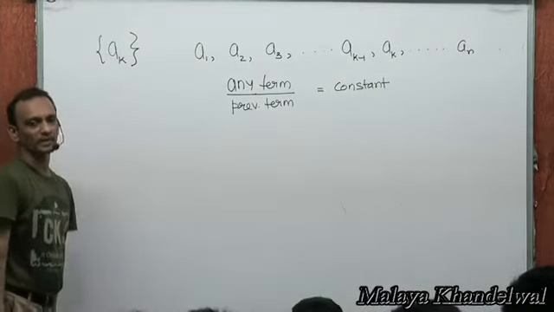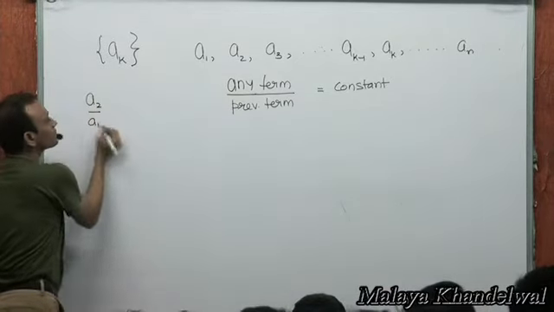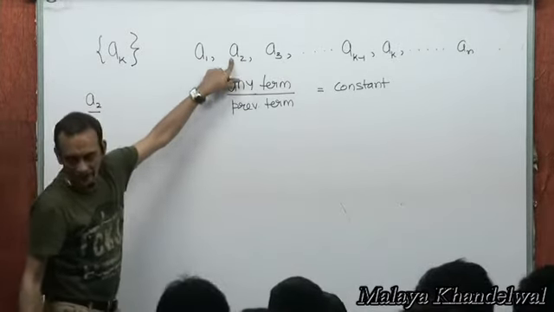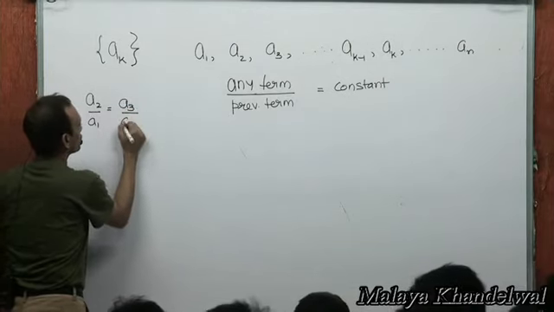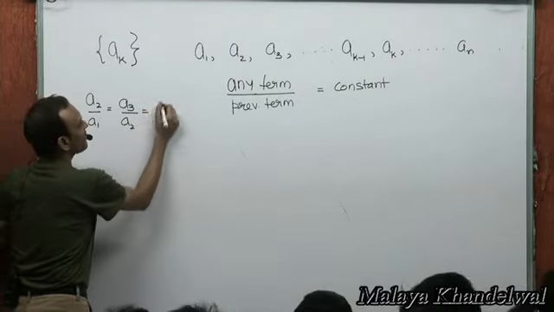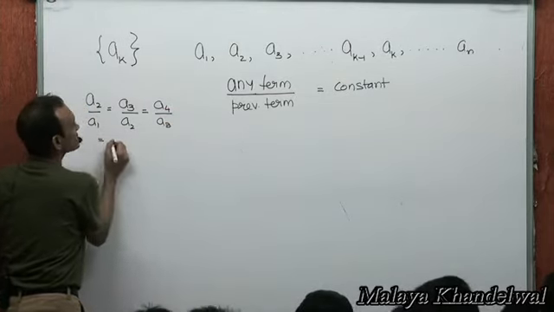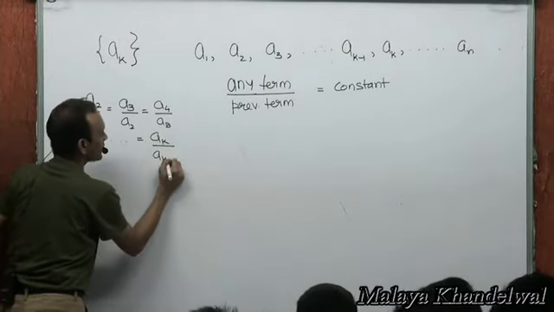If it has this property, that means the value that A2 by A1 gives, any term by previous term, is the same as the value that A3 by A2 gives, is the same as the value that A4 by A3 gives, is the same as the value that A_K by A_K minus 1 gives.